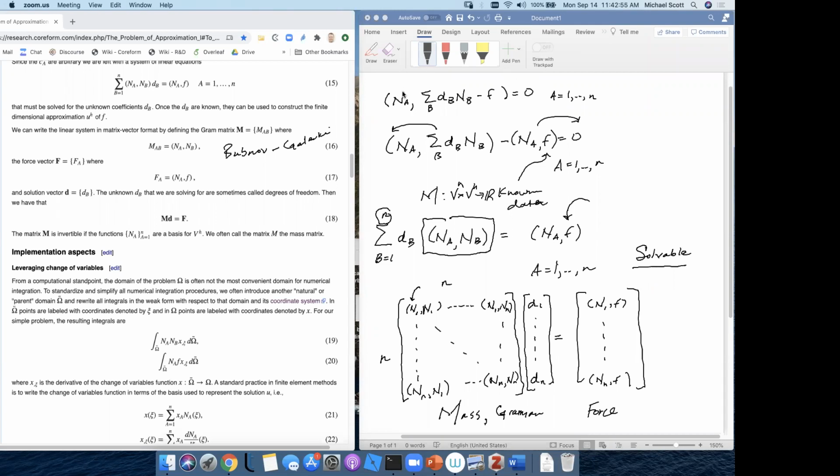Why add another layer of complexity? That's the question. How do we know that? Well, part of it is because they're linear. We know they're linearly independent. That's exactly right.